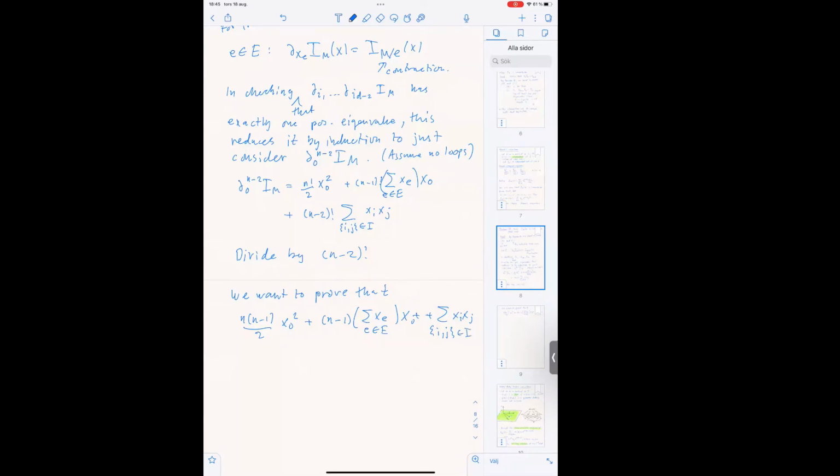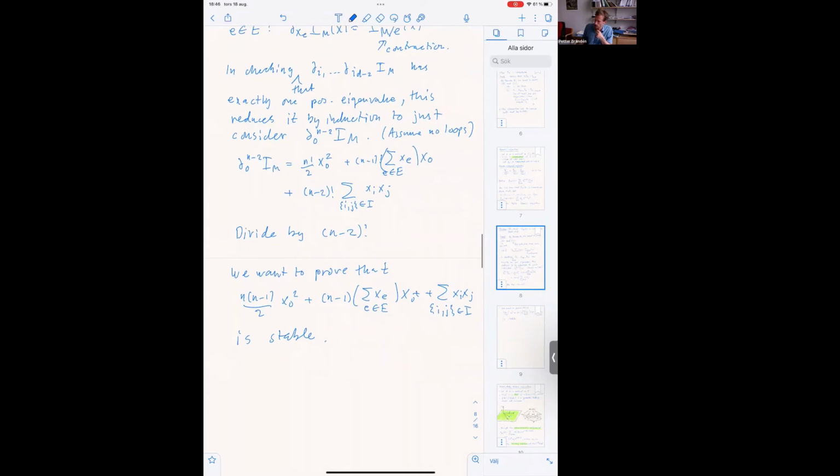You are focusing on a quadratic polynomial now, right? Yeah, so we want to prove that this is stable or one of these equivalent statements. We have a number of equivalent statements for a quadratic to be Lorentzian or stable. Well, I guess it's stable.